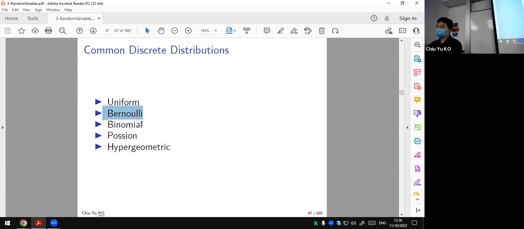And the binomial is the building block for many things; we will continue to work on it a lot later. And the Poisson is a special case of the binomial when n is very big and p is very small, but n times p is still a fixed number lambda, right? Then it is the Poisson, used to model how many events occur within a period of time.